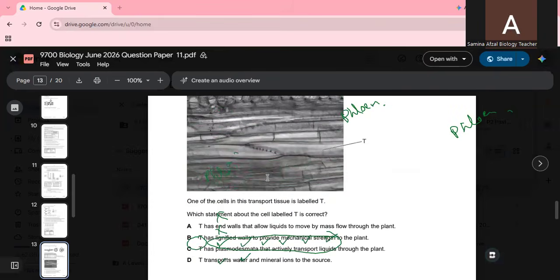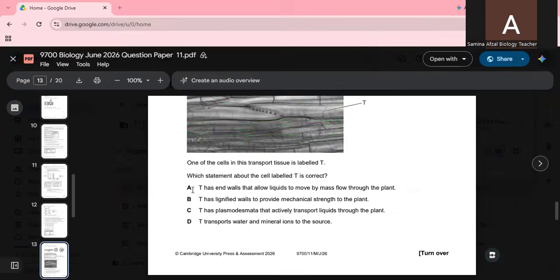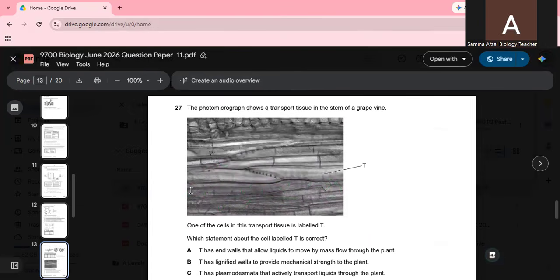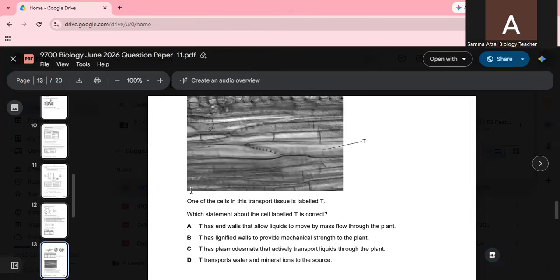So question number 27 is, the photomicrograph shows tissues in the stem of a grapevine. So you can see over here the transverse section of tissue in the stem. One of the cells in this transport tissue is labeled T. So you can see this is the T. Which statement about the cell labeled T is correct?